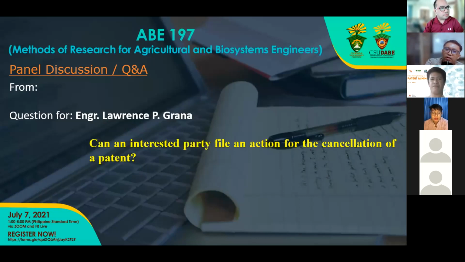I gave four examples that could destroy the novelty of the application, and not just novelty, even during the publication the inventiveness can also be questioned. So there is a certain period in the application process where this can happen.